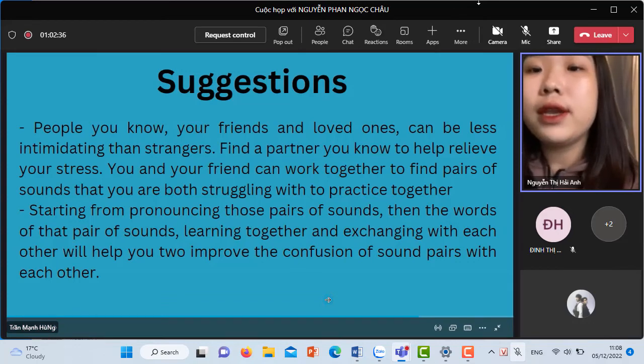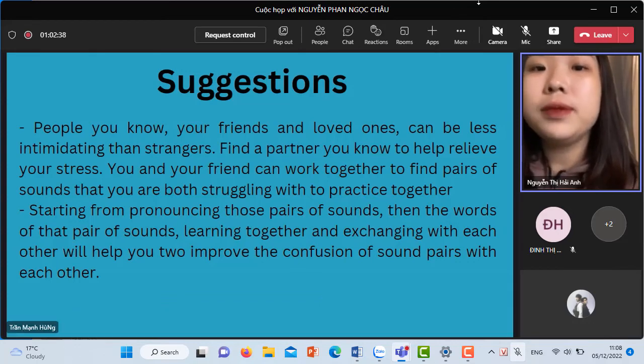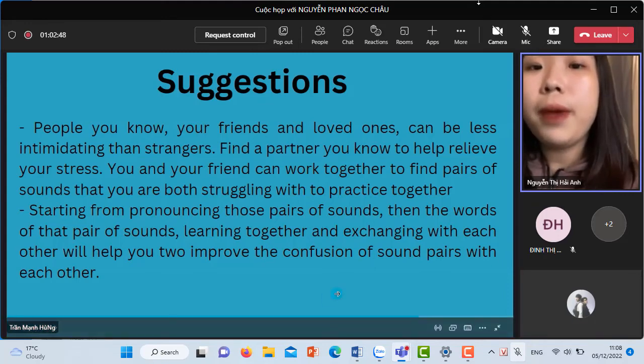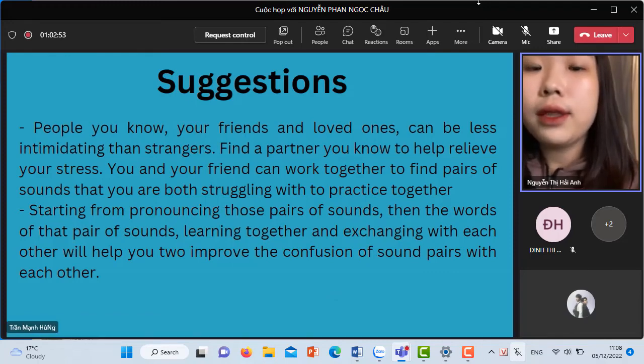You and your friends can work together to find pairs of sounds that you are both struggling with and practice together. Starting from pronouncing those pairs of sounds, then the words of those pairs, learning together and exchanging with each other will help you to improve the conversion of sound pairs.